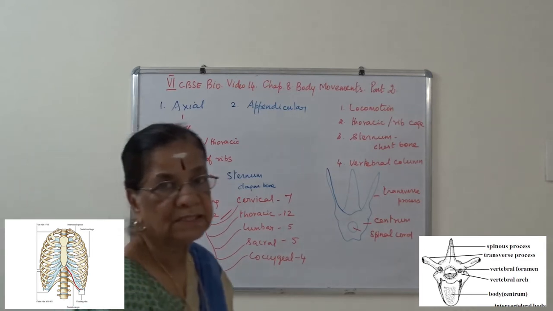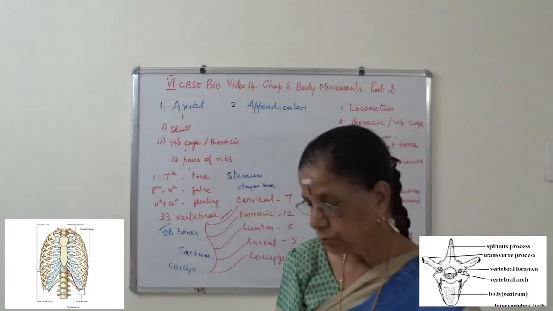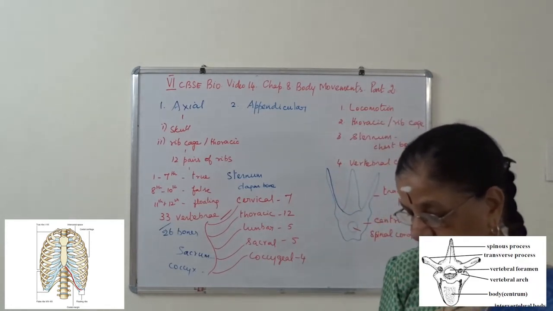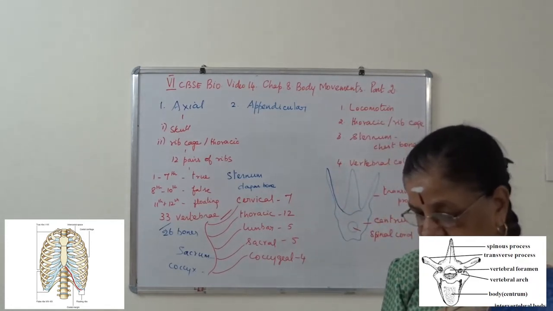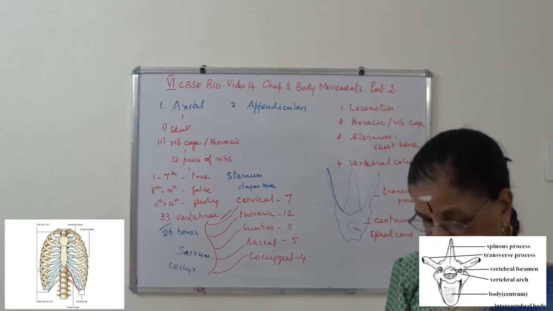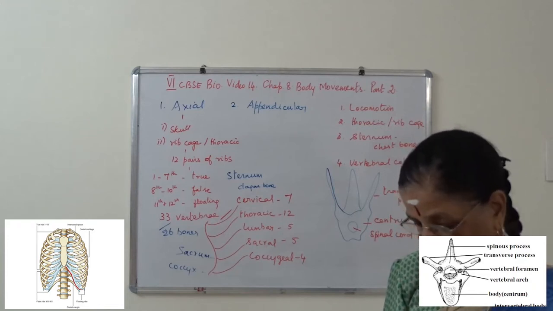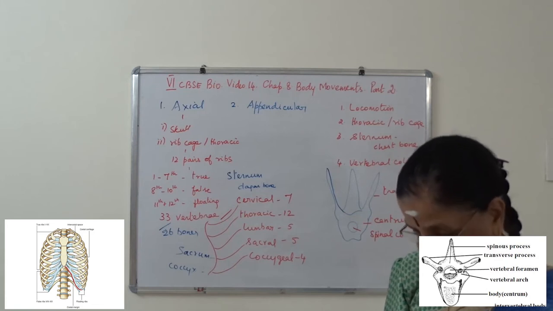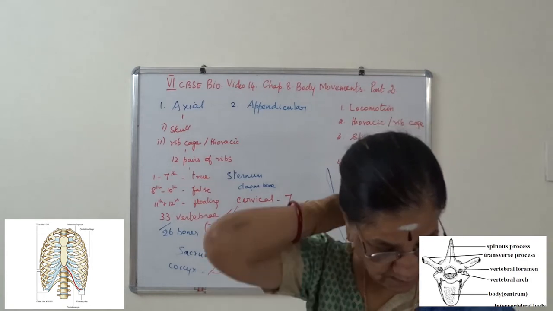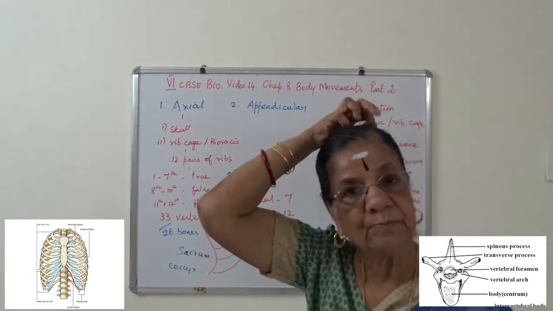Repeat. S-A-C-R-U-M, sacrum. Then coccyx: C-O-C-C-Y-X. Repeat. C-O-C-C-Y-X, coccyx. I hope you understand this. So this is for the vertebral column.